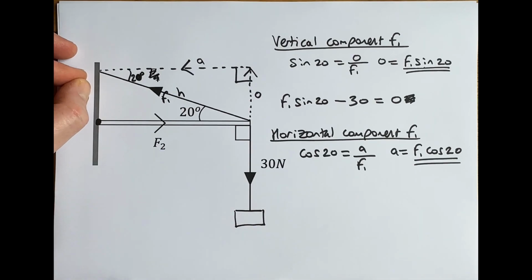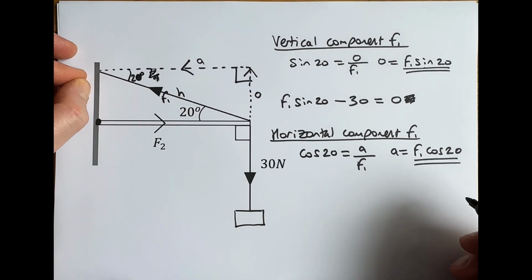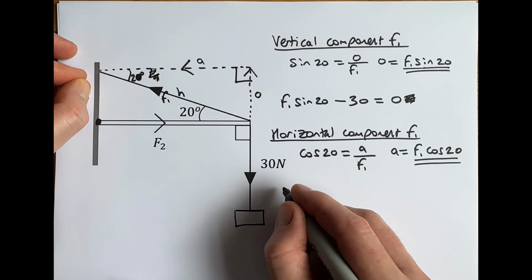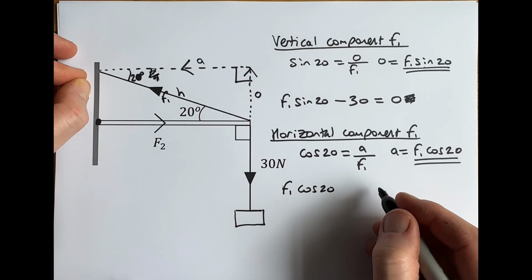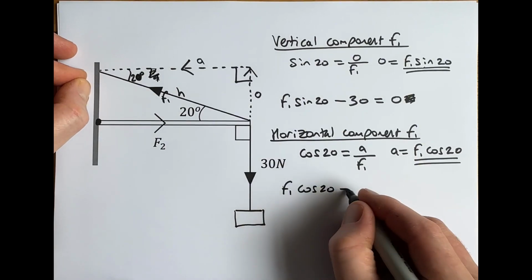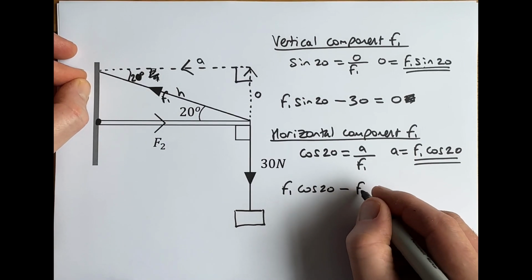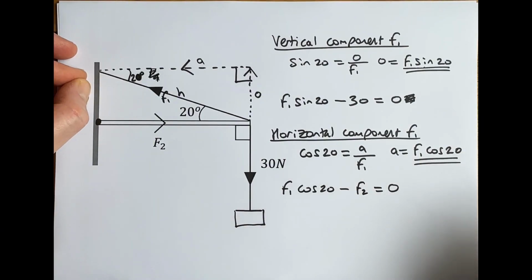So what we can say is that F1 cos 20 take away F2 is going to equal 0, okay? So we know that. Right, so having done that, we can now work out the solution to this problem.